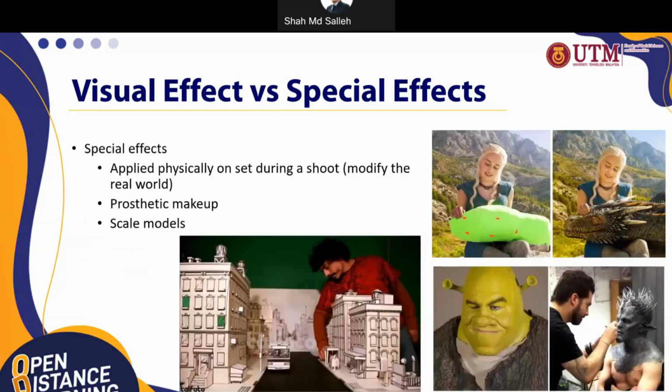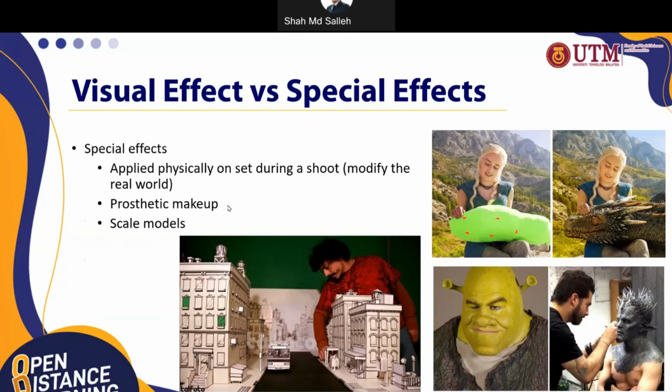Okay, so what are special effects? Special effects are applied physically on the set during the shooting process. For example, prosthetic makeup, and this example, a scale model.